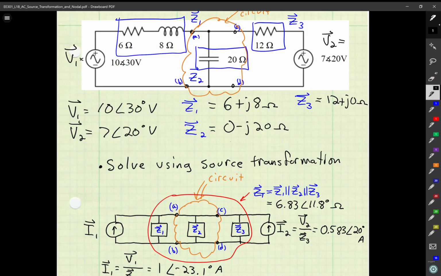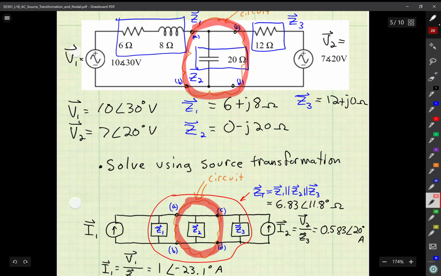And I can see that I have two voltage sources with impedances in series on the left side and on the right side, and the circuit in the cloud shown here is the circuit that I'm going to leave the same. So notice here that my circuit is just simply that impedance Z2, and on each side, I've transformed my voltage source with an impedance in series into a current source with an impedance in parallel.